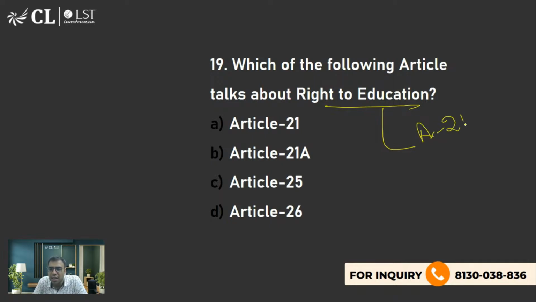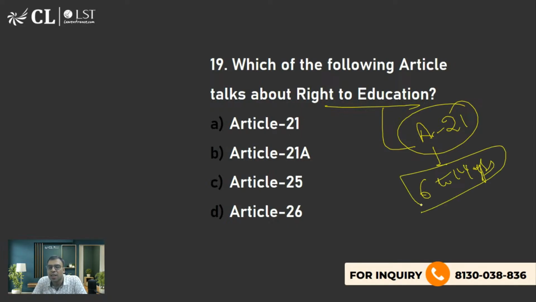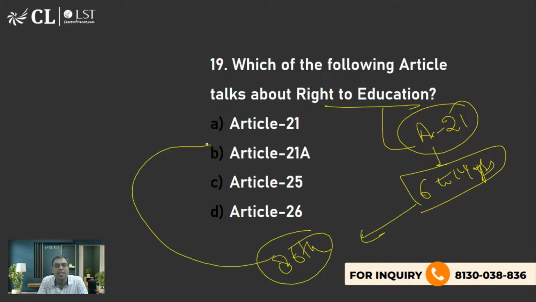Before that there was the Supreme Court judgment in the PMA Pai Foundation case. इसमें Supreme Court ने कहा कि right to education is a fundamental right for 6 to 14 years, है ना? उसके बाद Parliament passed the 86th Constitutional Amendment and it added a new article 21 capital A. ठीक है. तो अगर 21 capital A option है तो go for that.